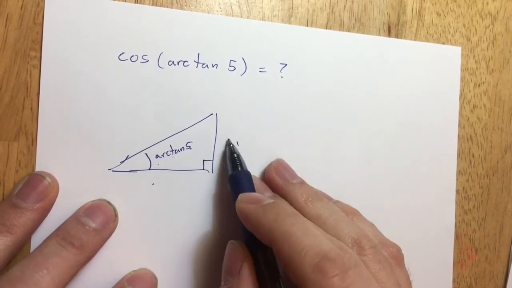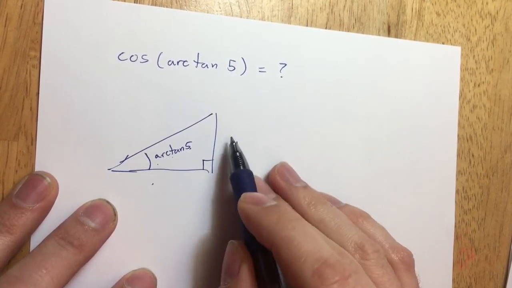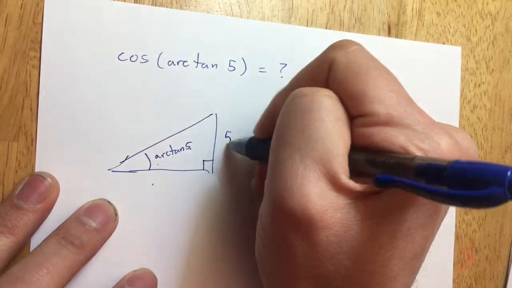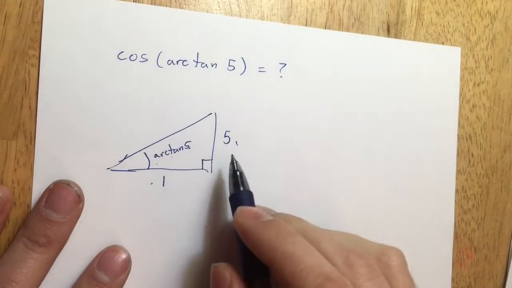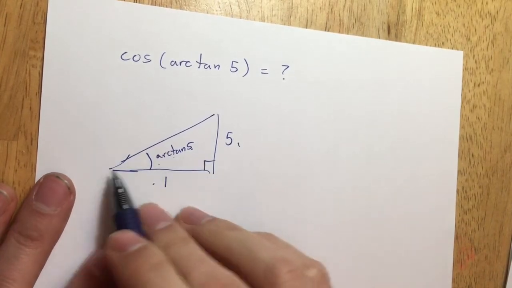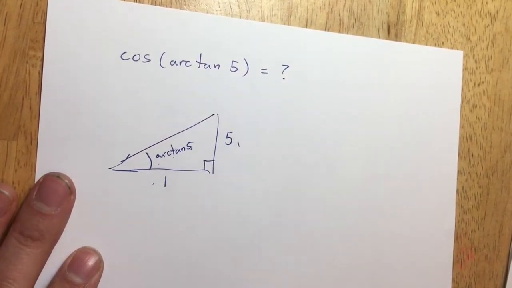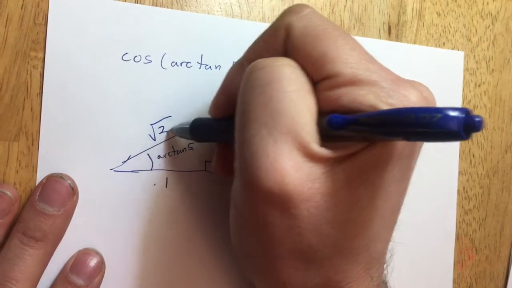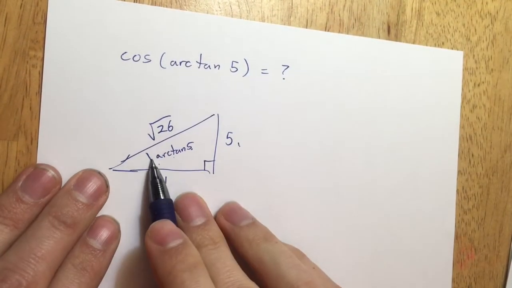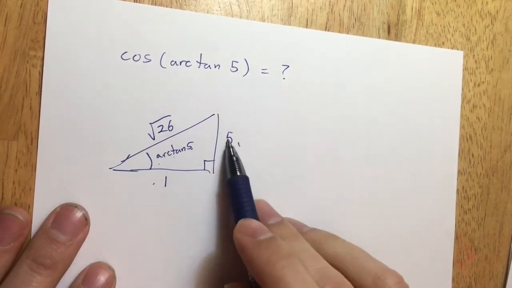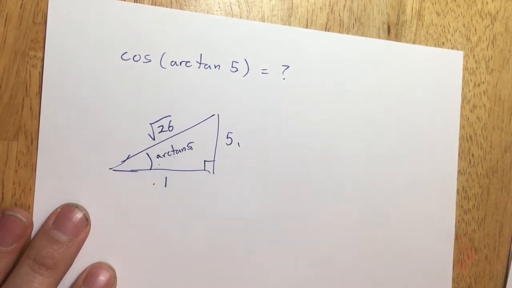So I just have to pick lengths that give me 5 if I take this length and divide by this length. So 5 here and 1 here work. That's the simplest way to do it. And if I put 5 here and 1 here, the Pythagorean theorem tells me that this must be root 26.